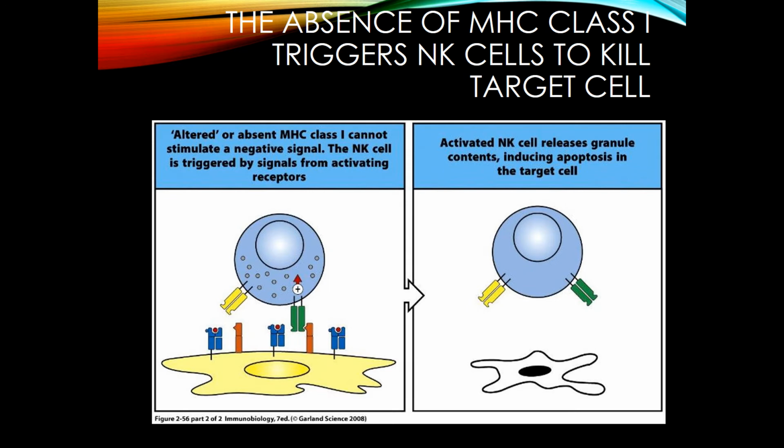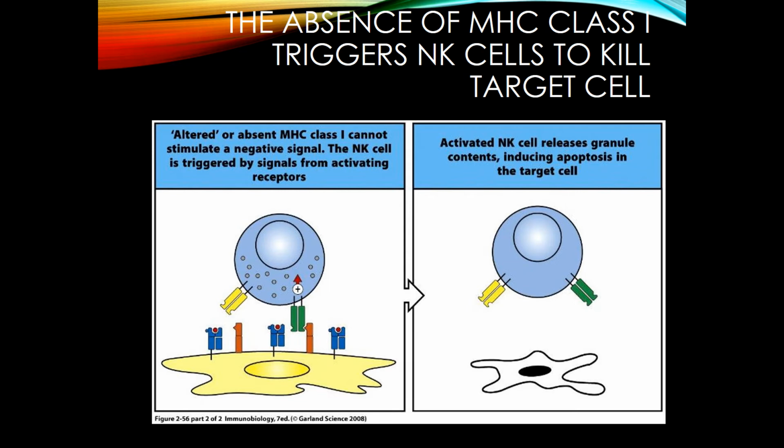Okay, this is called the missing self hypothesis. That means you're missing the MHC class I, which would be self, or it's an altered MHC class I, which would be self. So you're missing that, and that results in killing.